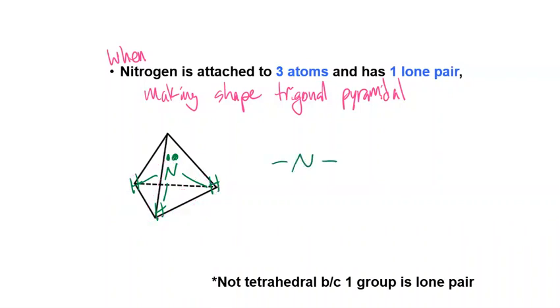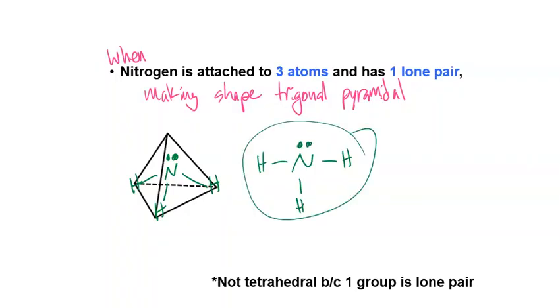So this is what it looks like if we draw it in the Lewis structure. Again, just like with the methane, CH4, this is called ammonia, and drawing the NH3 like this is a little bit misleading because it's not really clear about what the 3-dimensional shape is.